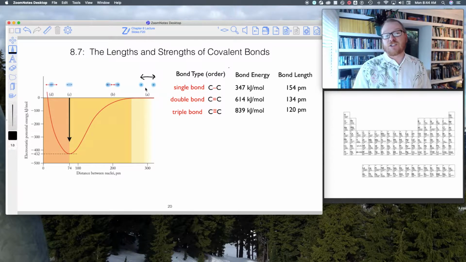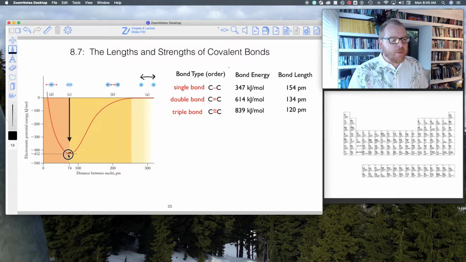They're far enough away that they have zero potential energy between the two. But as they get closer and closer, this potential energy goes negative, and we reference that as negative to be beneficial. There's a benefit of these two nuclei coming together and sharing electrons.